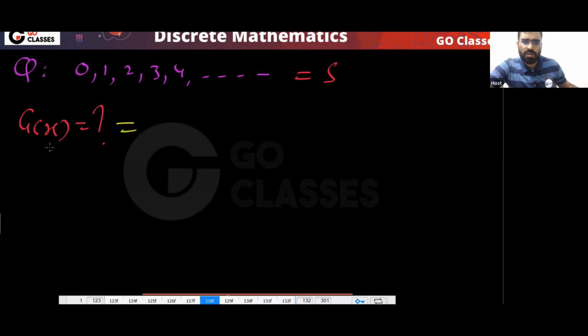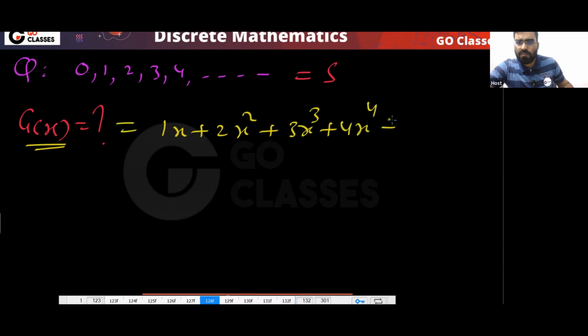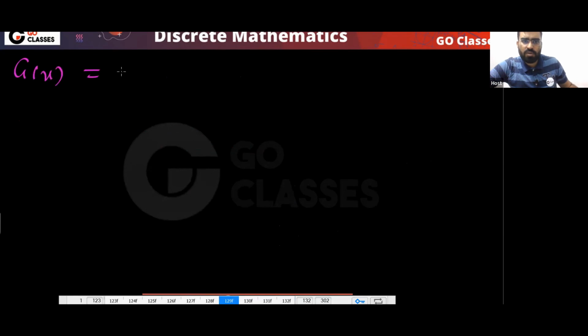If you have this question in the GATE exam, then very simple, just make the series: 1 into x plus 2 into x square plus 3 into x cube plus 4 into x power 4, and so on. This is your infinite AGP, and we got this g(x).